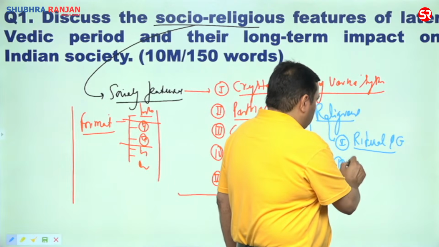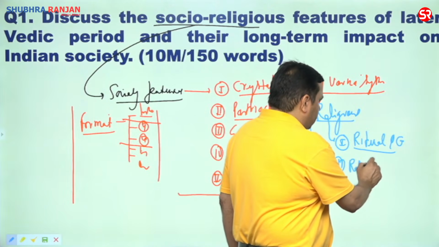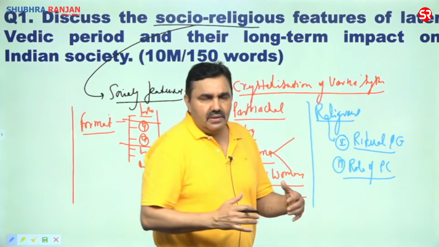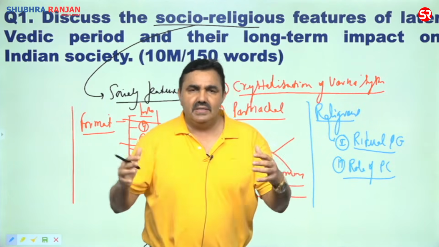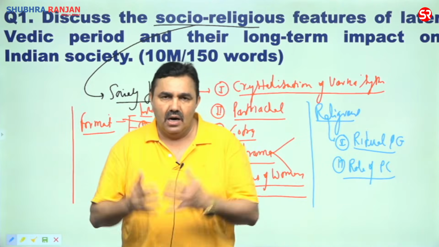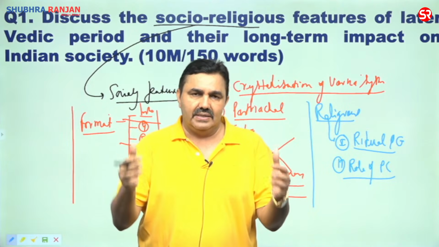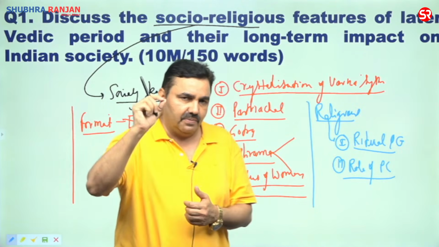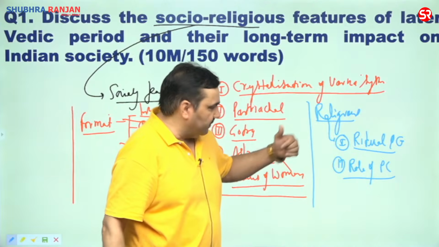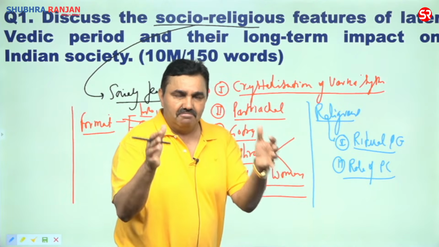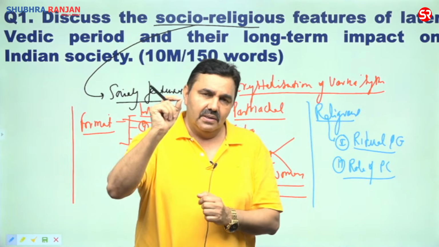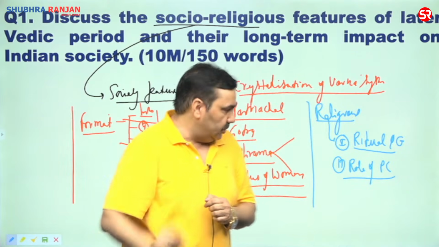Then the role of the priestly class increased. In the early Vedic age, there were 17 different kinds of priests. The householder or the father was considered the priest of the 17th category. 16 different specific professional categories of priests are mentioned in the Rig Vedic Samhita. Samhita means the first book of every Veda, the original composition.